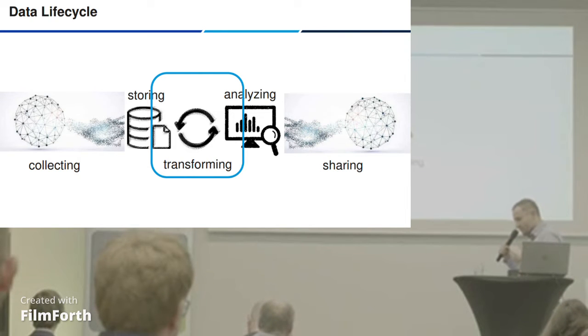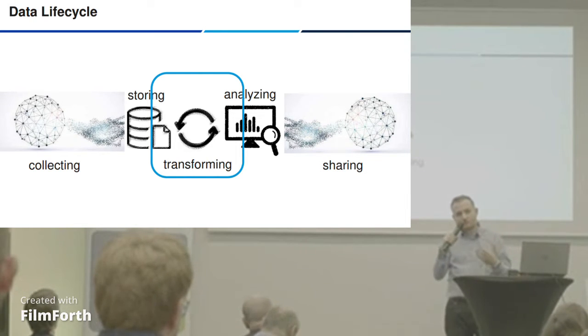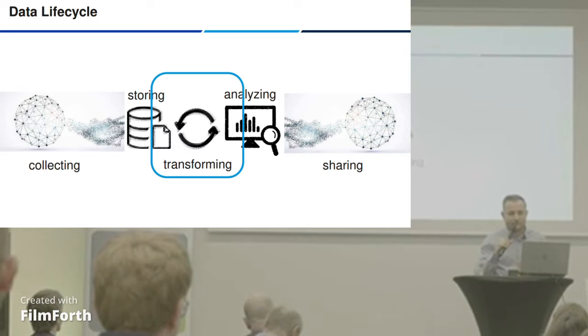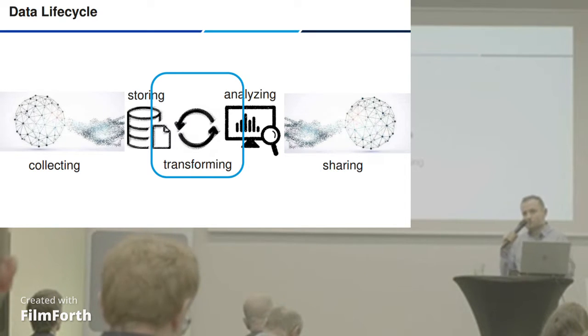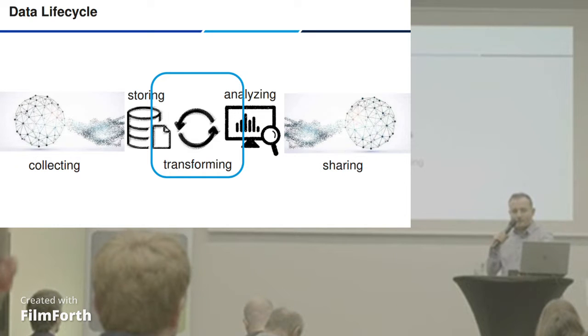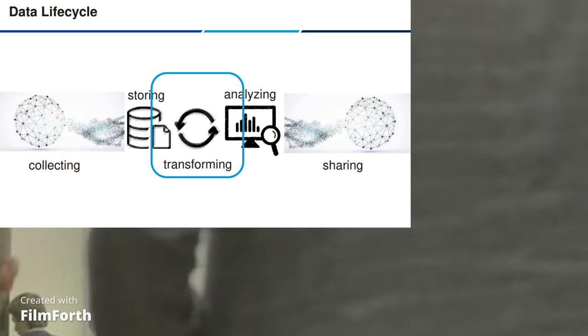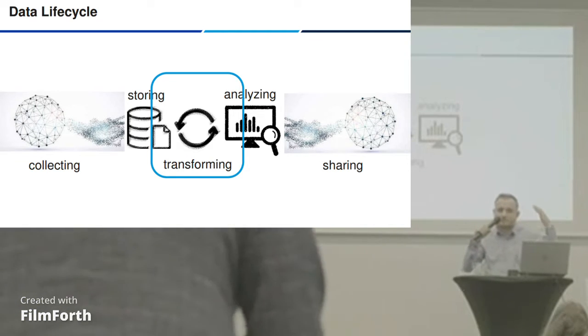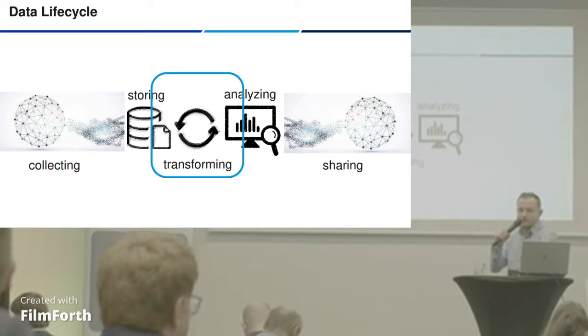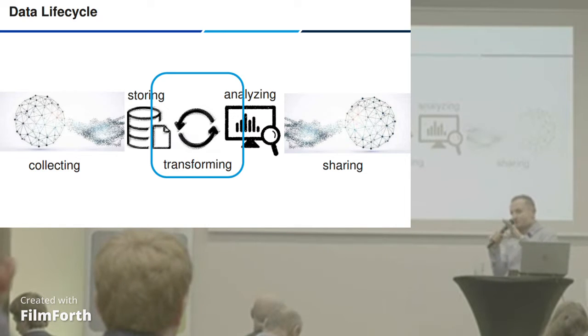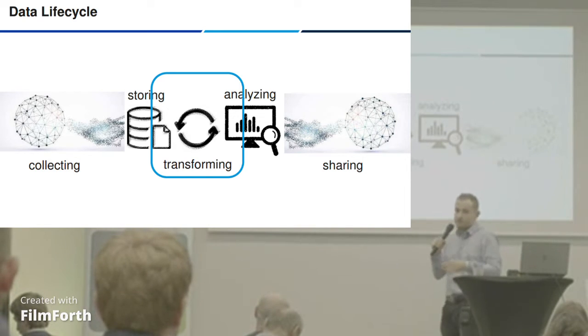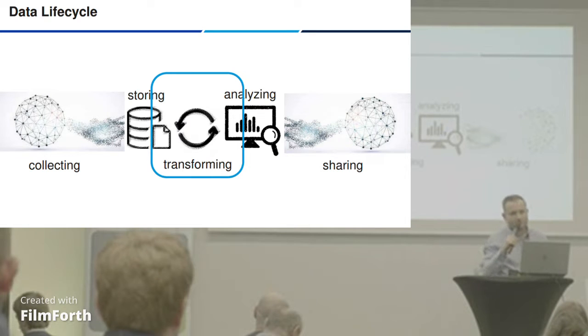And what we are doing next, we are transforming the data. We are converting the data because we need to prepare the output, the result, which we can analyze and interpret. We can make graphs, diagrams, maps, and at last we can share this data with other people, and we can use it in our normal work.